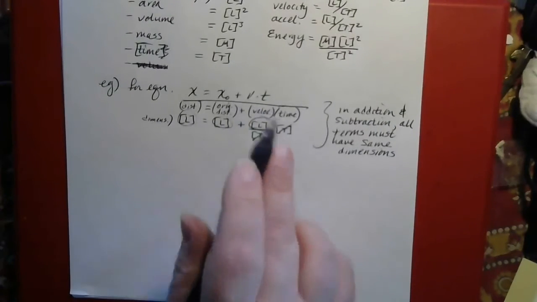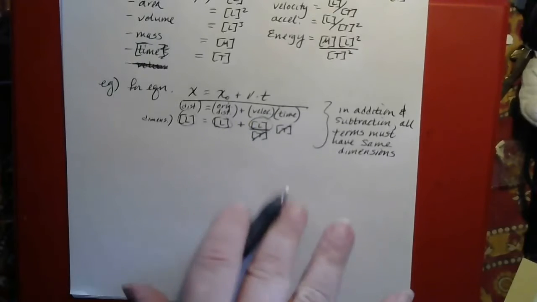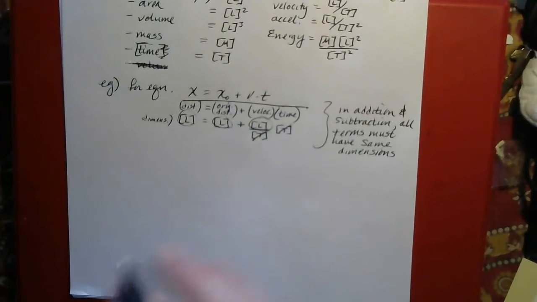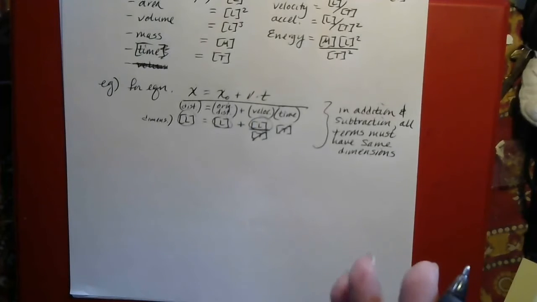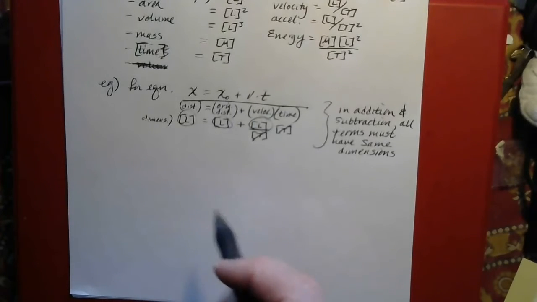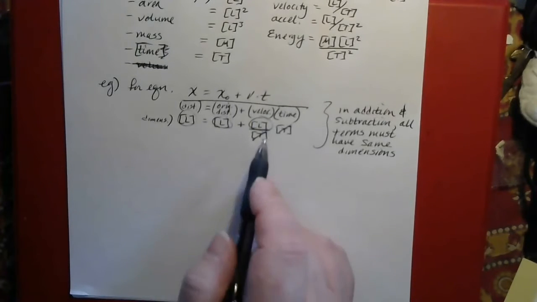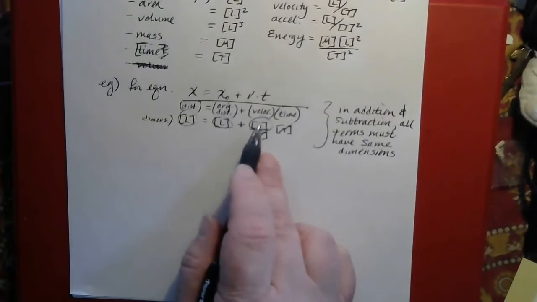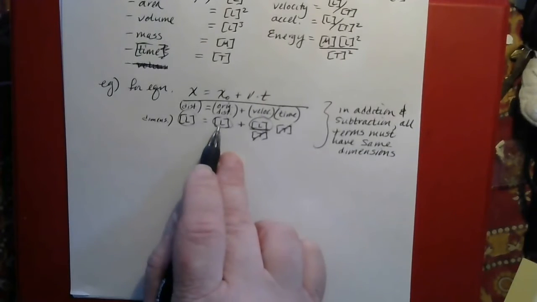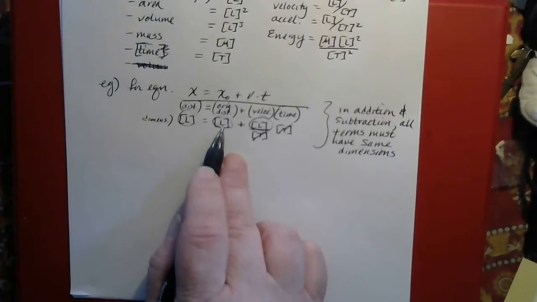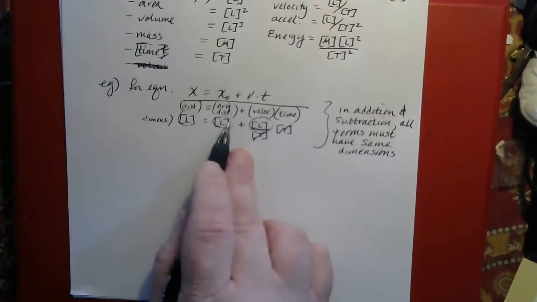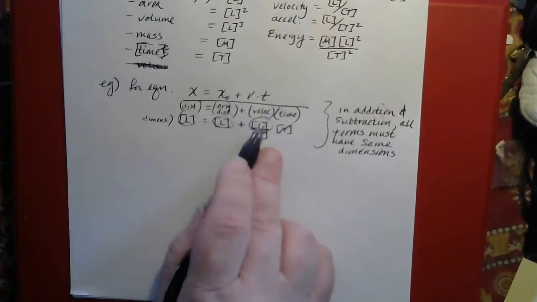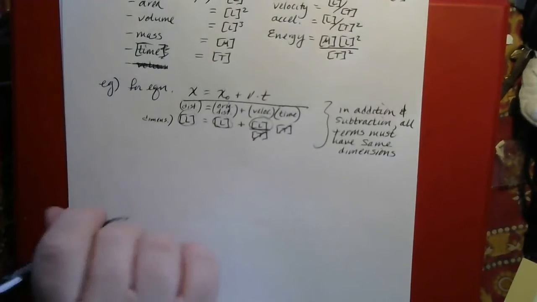The dimensions of the term overall after you multiply it out will be whatever it works out to be once you've canceled out things that cancel out and multiplied other things together. So L over T times T is just L. And so that's the result there. But then when you go to add it to X original, that is also an L, and that's good because, like I said, if it's addition or subtraction, then all the terms have to have the same dimension.